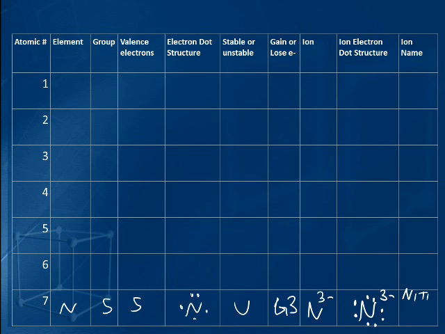Now the ion name. For the ion it's nitride ion. For negative ions, for anions, you add an IDE. So you put the first syllable usually of the anion and add an IDE.